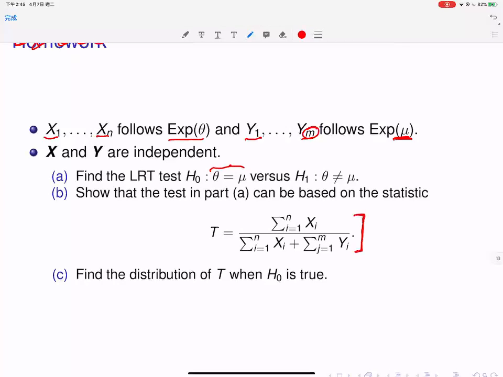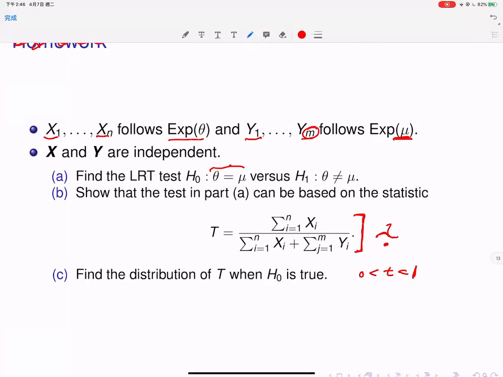Okay? So let me ask you, if you saw t right here, what distribution does t follow? If you are guessing, you won't be surprised that t is going to be between 0 and 1, right?